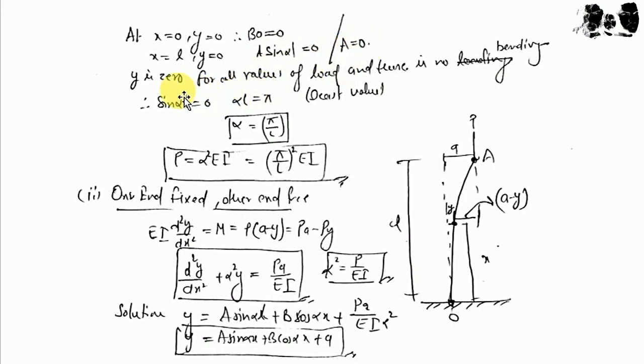So we assume sin alpha L has to be 0. And we already know that the value for which sine is 0 is pi. So we put sin pi, and the sine cancels out, and we get alpha L is equal to pi. Okay, and we can find the value of alpha, which is pi upon L.